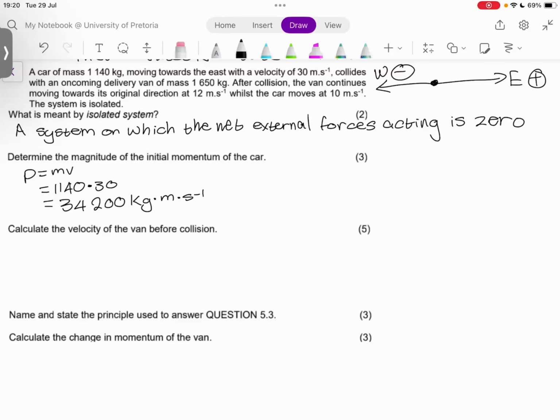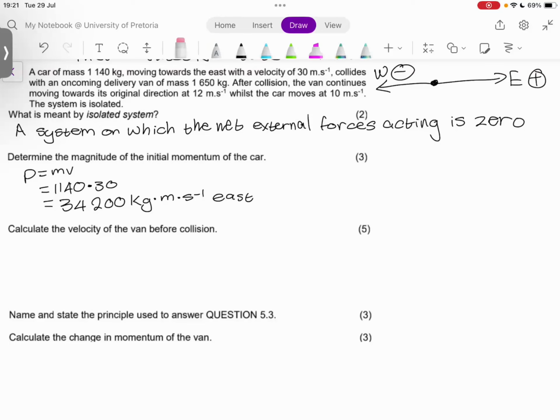Because in this question it's stated determine the magnitude, you don't necessarily have to give the direction, but it is good practice to just state the direction. I'm just going to write east over here. Cool.